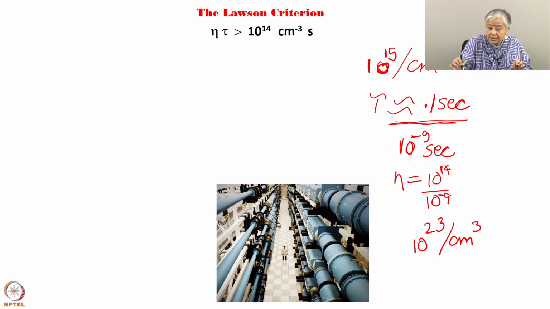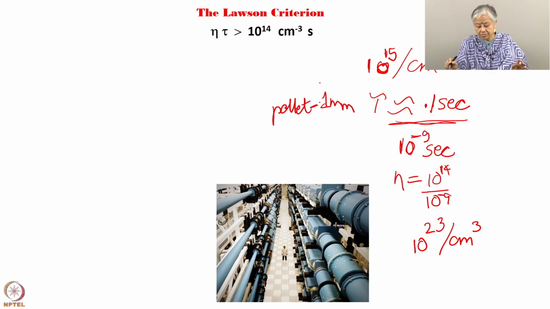It has some relation to the size of the pellet. The pellets are generally very small. Pellets are maybe about 1 mm. Pellet diameter or pellet radius is around 1 mm.